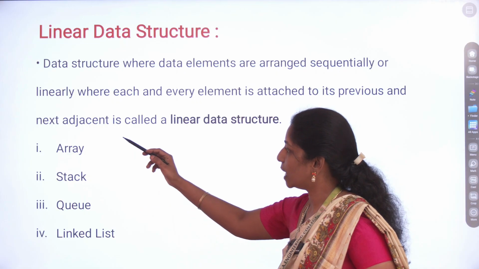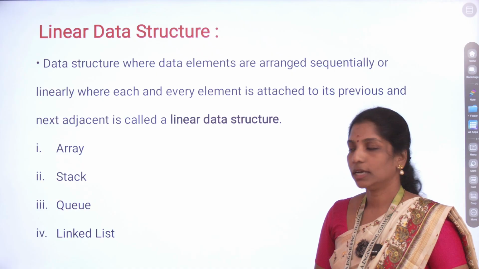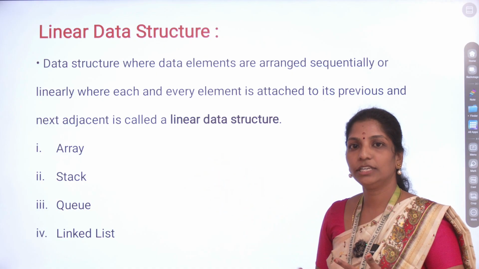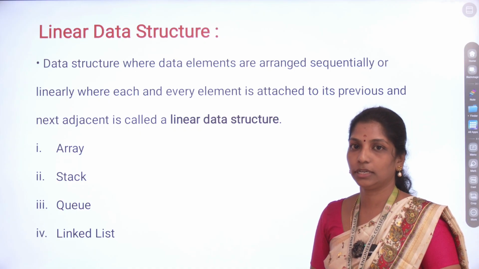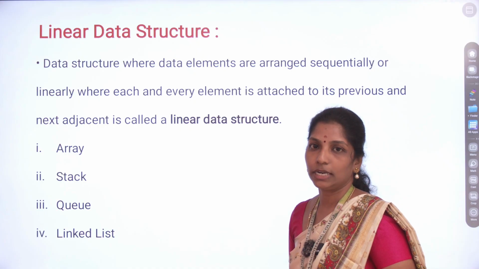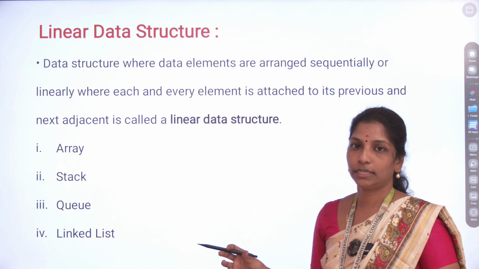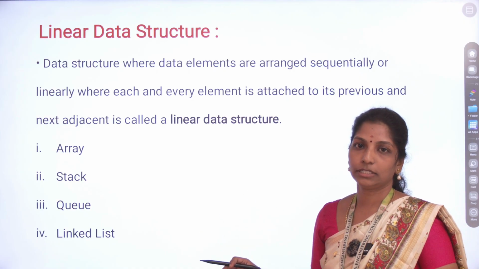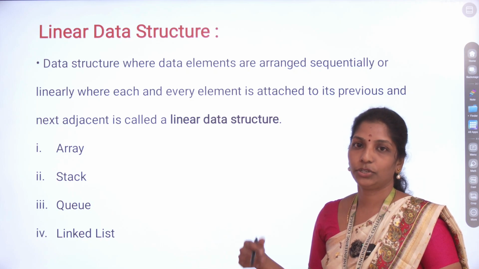Although we have array, stack, and queue, we go for linked list because in those, insertion or deletion of data does not happen efficiently. In a linked list, you have a data part and an address part. In the data part you have the original data, whereas in the address part you have the address of the next data.